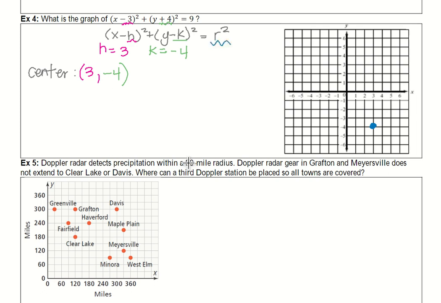r squared is 9. So that means that r is the square root of 9, or 3. So the radius of this circle is 3. When I'm graphing a circle, I'm going to count out that radius to either side of my center and also above and below.